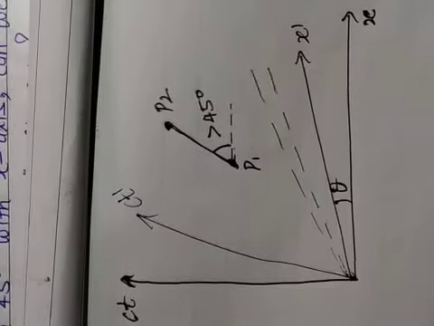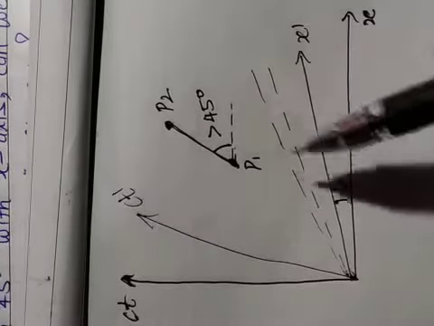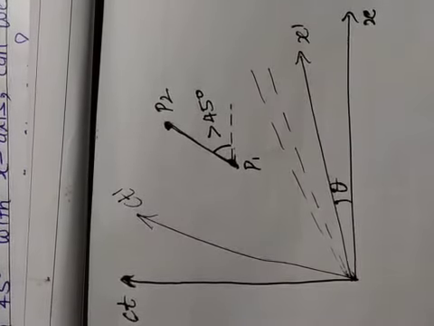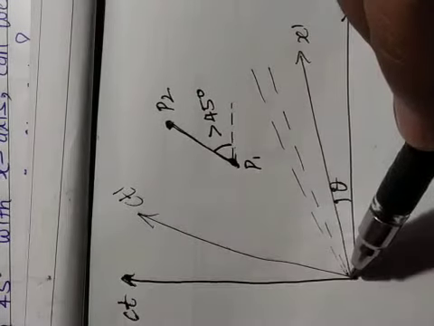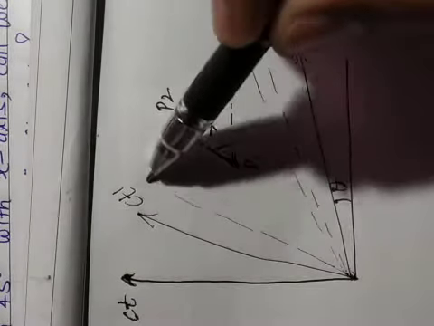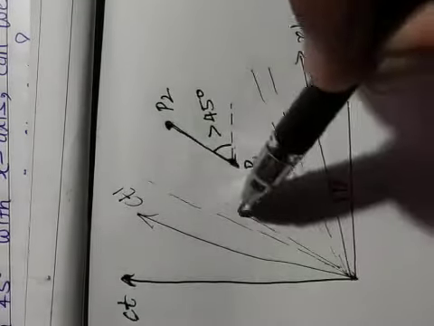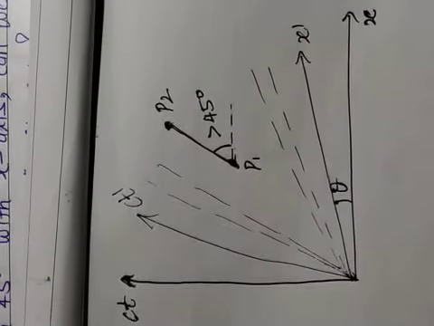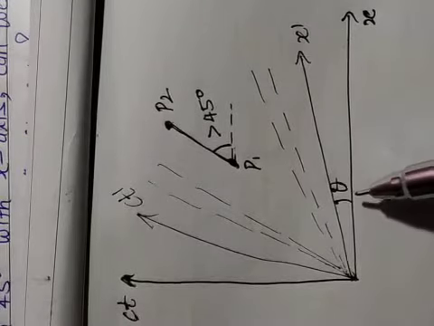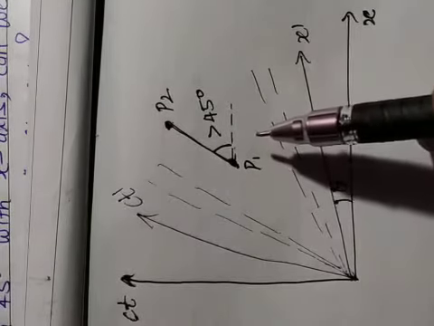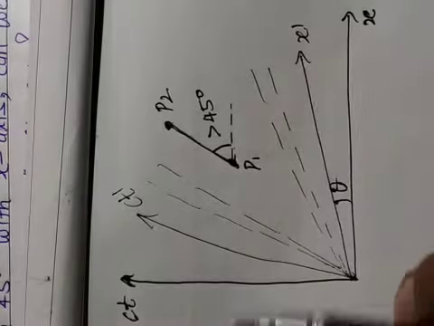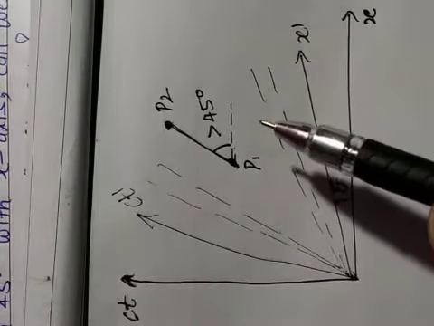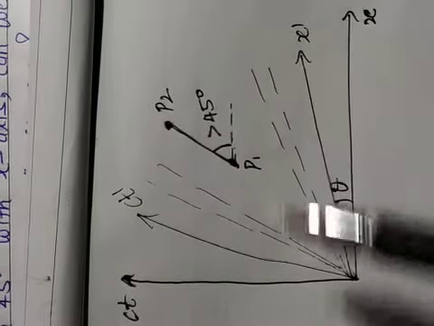The condition is the same, and the slope of this line is the same. This is the new CT prime line. You can see it as a converging phenomenon. If the angle theta is increased, then the x prime line goes upward, and the CT prime line goes downward.